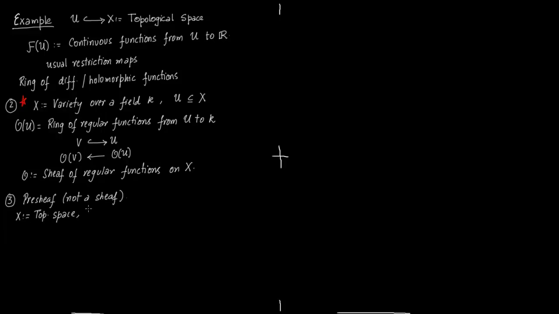So X is a topological space and A of U, where U is an open set of X, is just the integers. So the restriction map is just the ID map on integers.